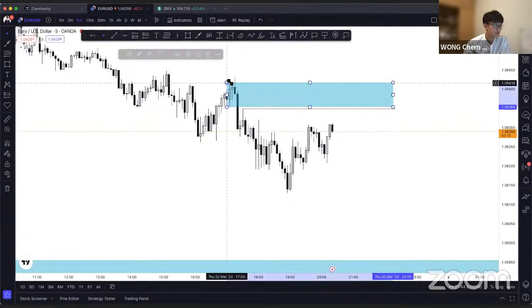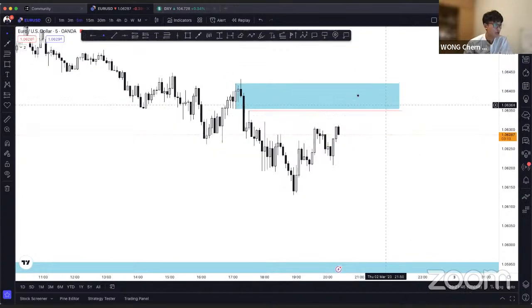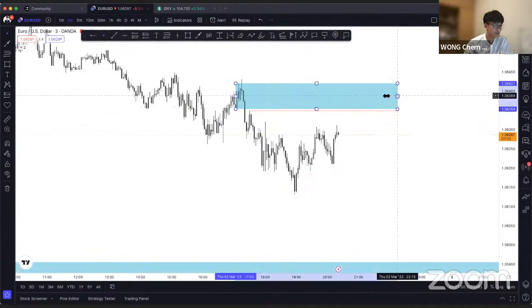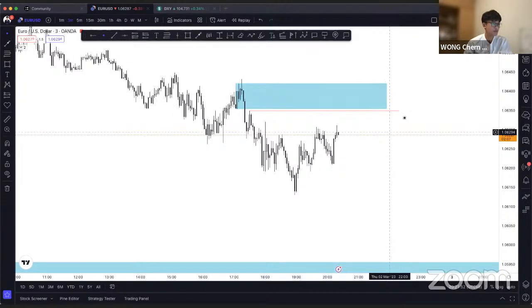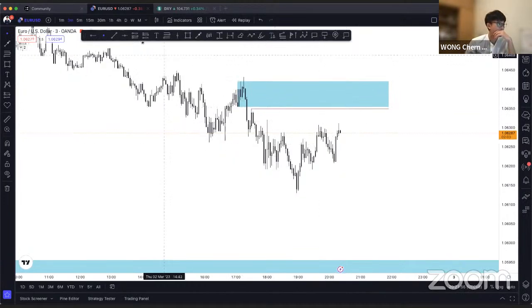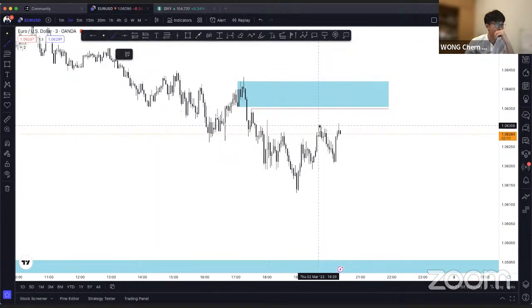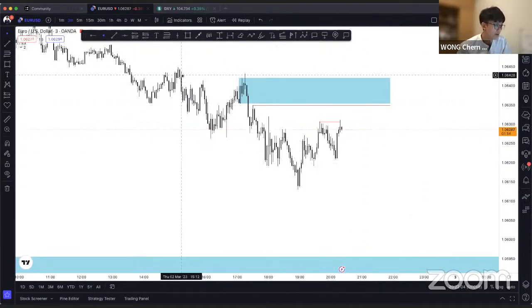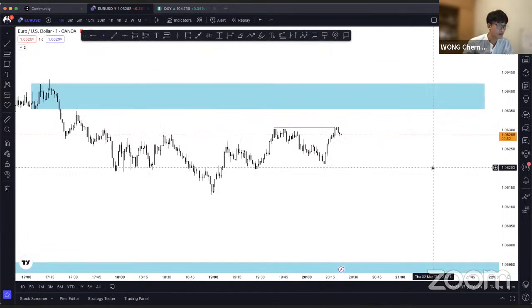As I've mentioned, remember that price doesn't have to clear this area here, and it doesn't have to tap into this area. As of current price, we see that price has already swept liquidity right here. Let me mark it out for you to take a look. Price has swept this liquidity over here and is seemingly rejecting off that area.